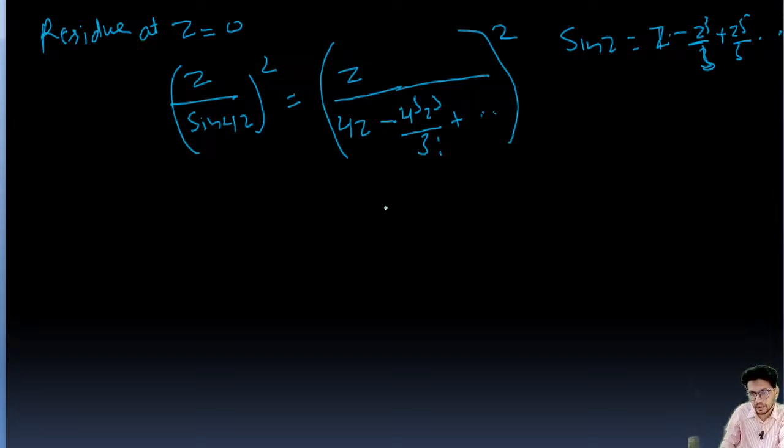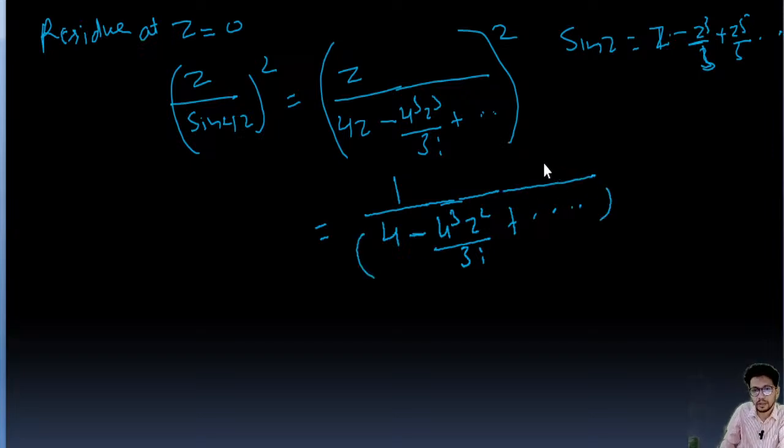We'll take z in numerator and denominator. So this is going to be 1 upon 4z upon z, that is going to be 4 minus, and z will get cancelled, z cube by z, z square times. So this is going to be 4 to the power 3 z square upon 3 factorial plus so on.